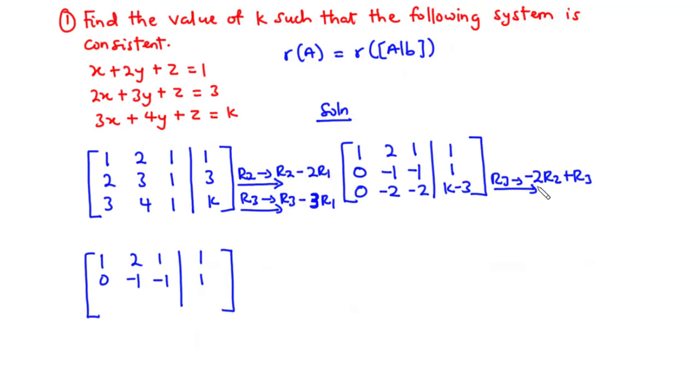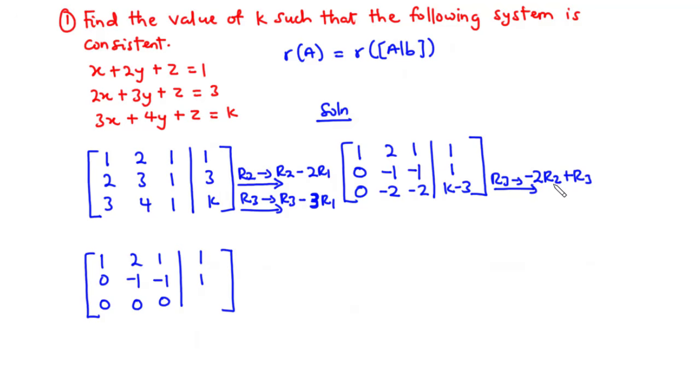Now negative 2 times 0 plus 0 is still 0. Negative 2 times negative 1 is plus 2, and then plus 2 minus 2 is still 0. Negative 2 times negative 1 is 2, and 2 plus negative 2 is still 0.